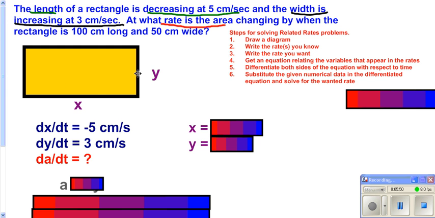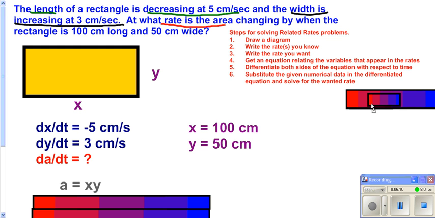The equation that relates x and y to your A is just your area equation. We also know that our x is going to be 100 and our width, or our y, will be 50 when we're trying to evaluate this problem.